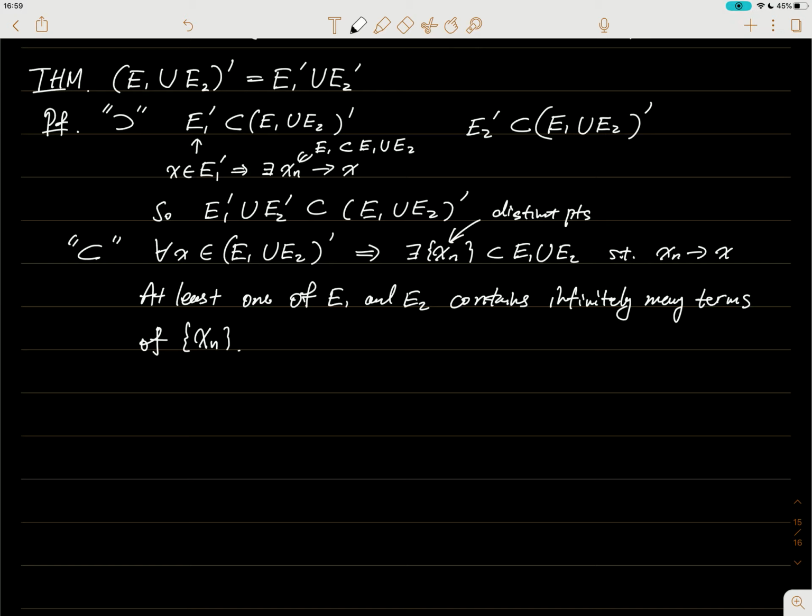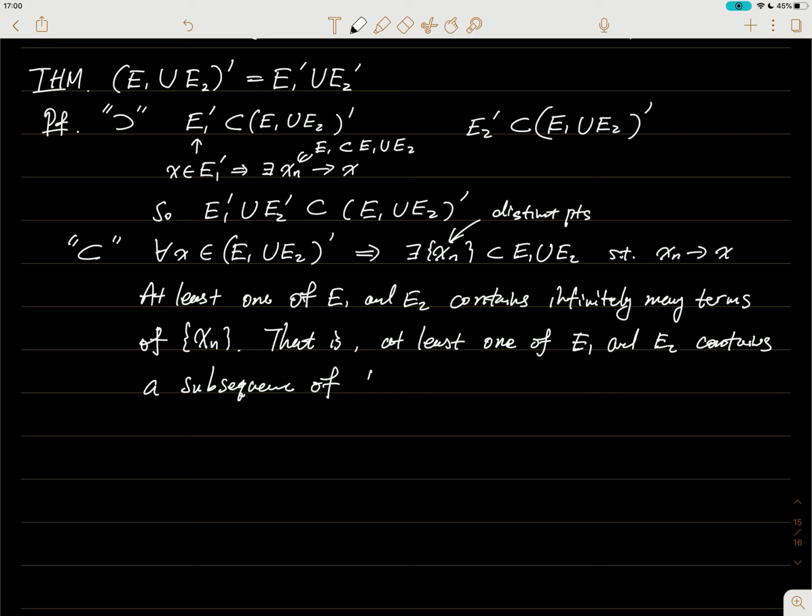So at least one of E1 and E2 contains a subsequence of xn.